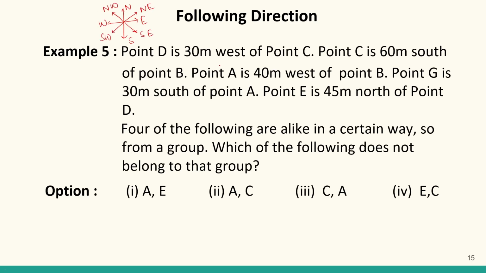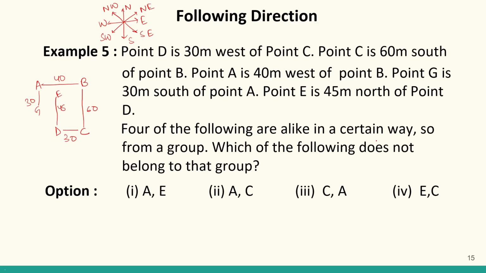Now, point D is 30 meter to the west of point C. Point C is 60 meter to the south of point B. Point A is 40 meter to the west of point B. Point G is 30 meter to the south of point A, and point E is 45 meter north of point D. So this information was already given to us, right?